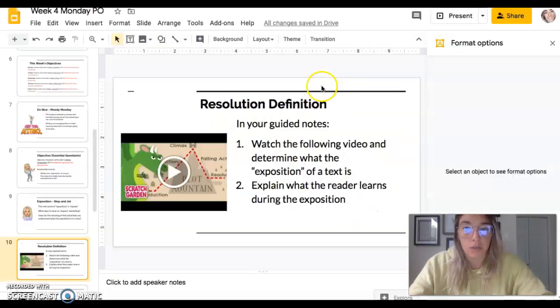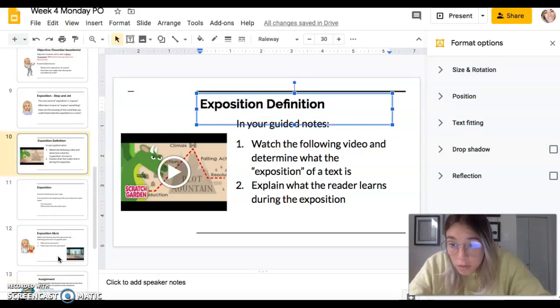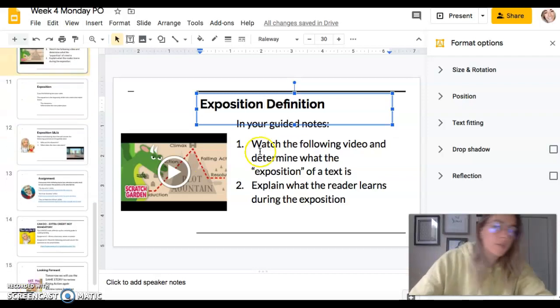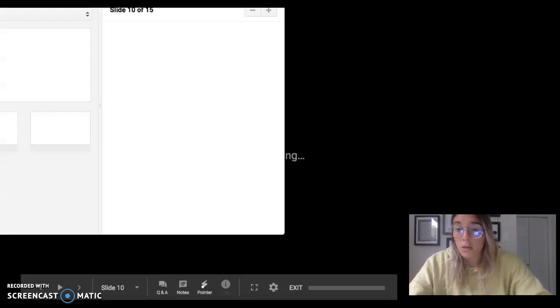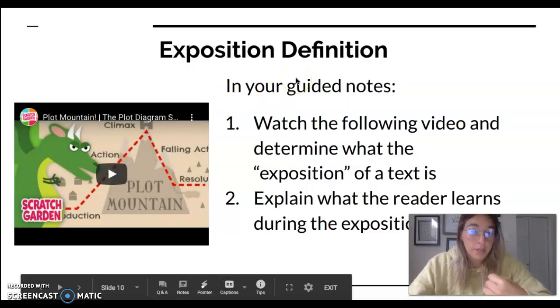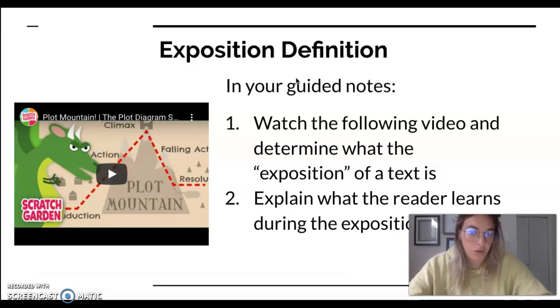And look, I wrote resolution again. Hopefully I didn't do that again. Shh, dog's barking. Okay. So, what is the exposition and what does the reader learn? What is the purpose of including an exposition? Why do you have a beginning of a story?